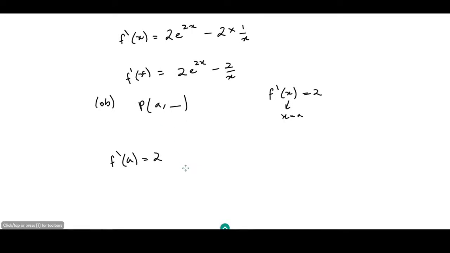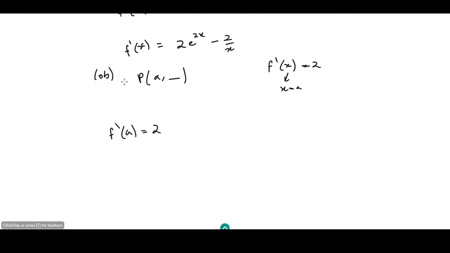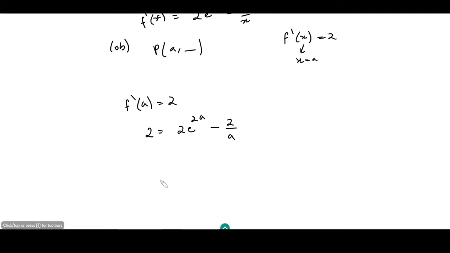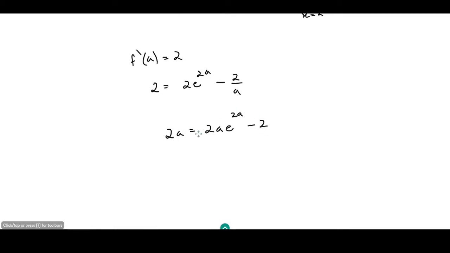And so let's plug in the information we know. We know that 2 equals, and instead of x we need to plug in a because that's the x-coordinate of this point. So we have 2 e to the 2a minus 2 over a. Multiplying everything by a, I get 2a equals 2a e to the 2a minus 2. So I'm going to add 2 to both sides, and take away 2a.